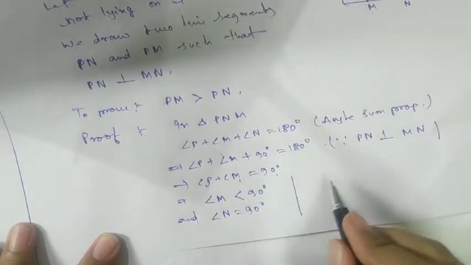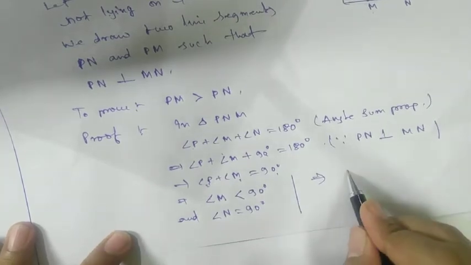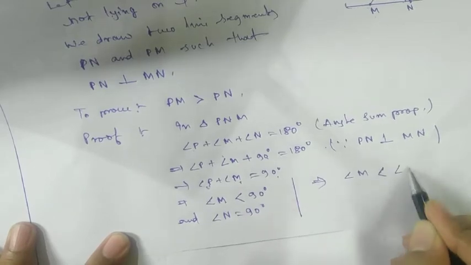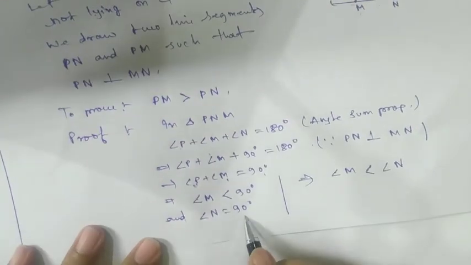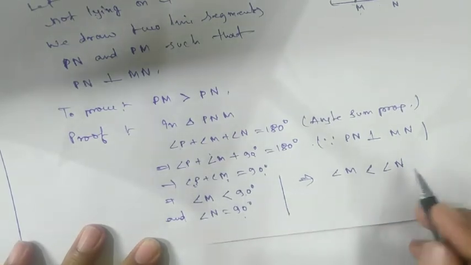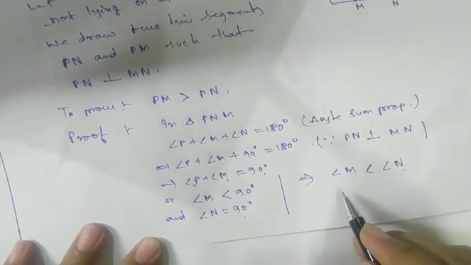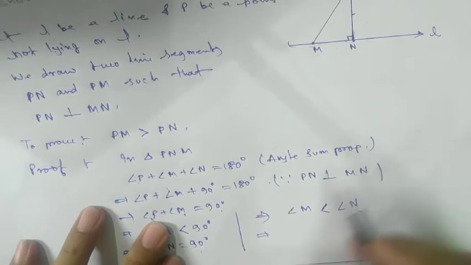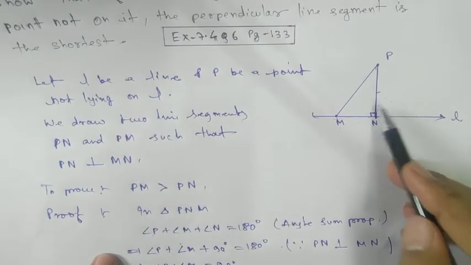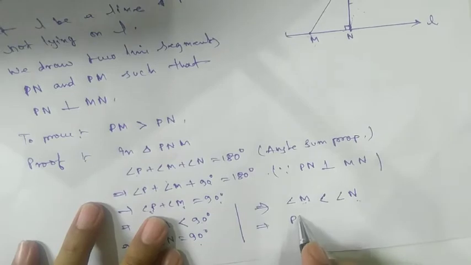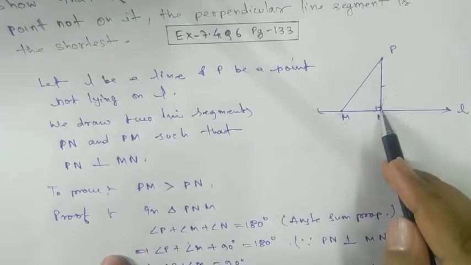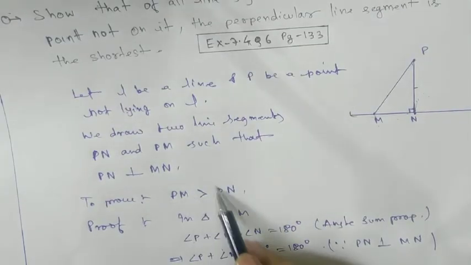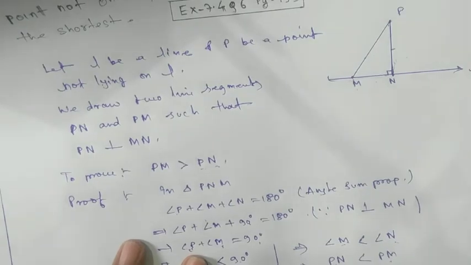So this implies that angle M is less than angle N. Yes, as N is 90 degree and M is less than 90 degree, N must be greater than M. Now we know that the side opposite to the greater angle is greater. So opposite to M is PN, and opposite to N is PM. Our target is only this, PM is greater than PN, proved.